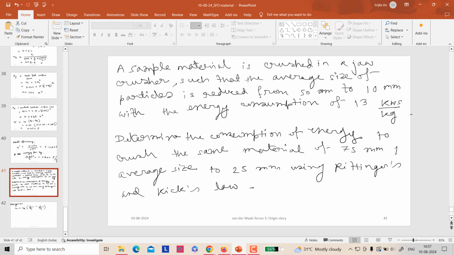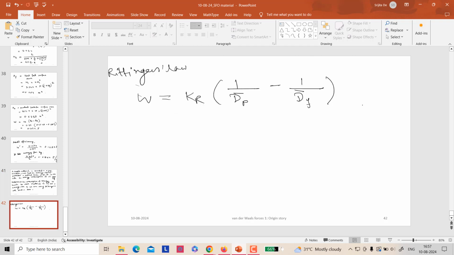Energy consumption is 13. Then we don't know the Kr, and product size is 10 millimeter, feed 50 millimeter.